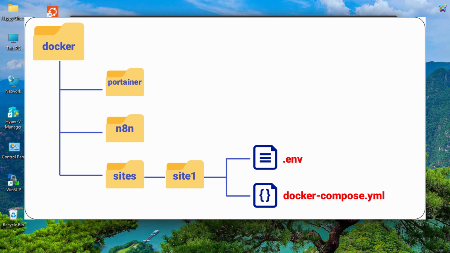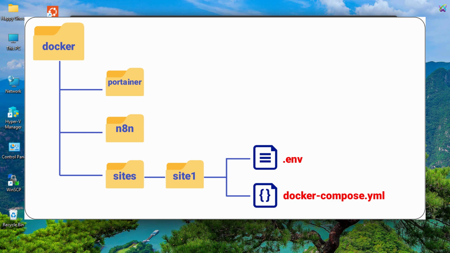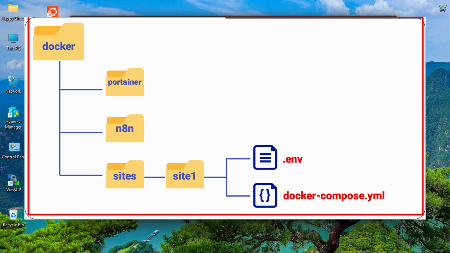Inside the website folder, I will store the env file for configuration variables and the Docker Compose YML file to define the containers that need to be deployed. This structure makes the system easier to manage, easier to back up, and more convenient when deploying additional websites in the future.